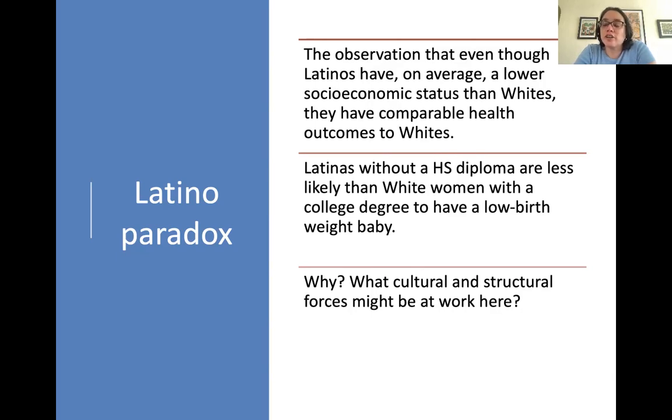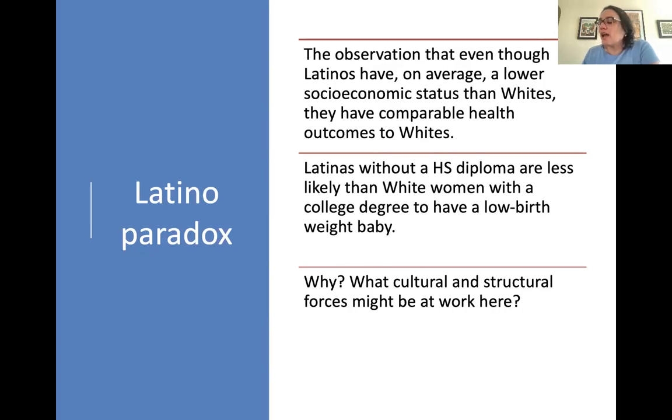But as the next generation, the children, assimilate, they start eating fast food, they start getting more into American cultural habits, that we see then an increase in that generation of worse health outcomes.